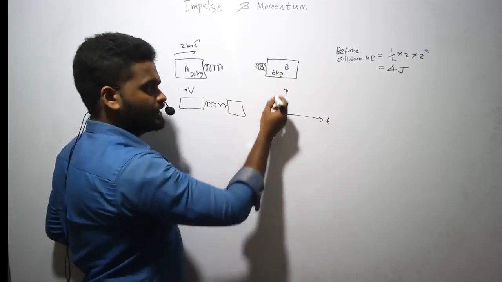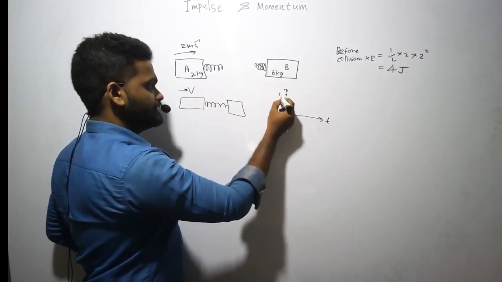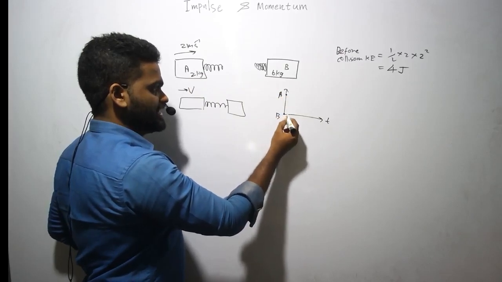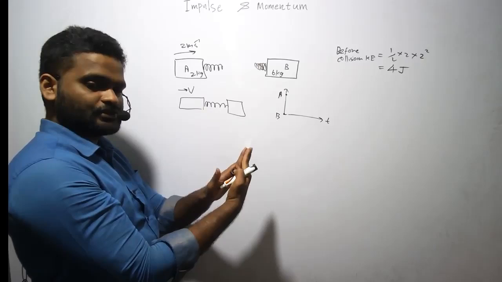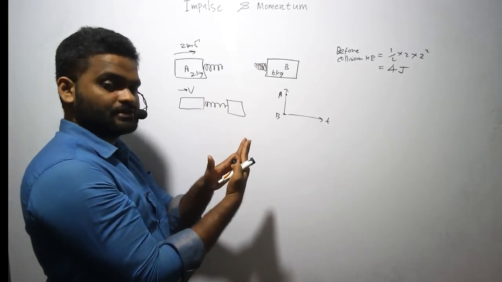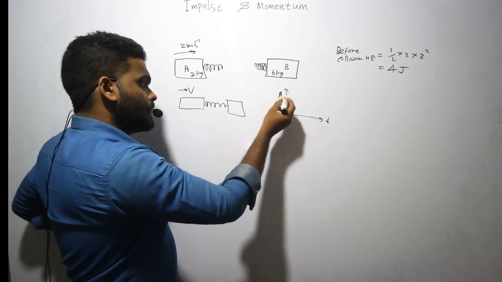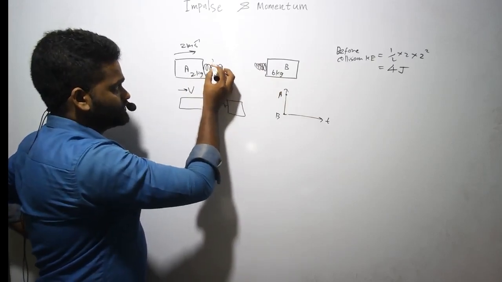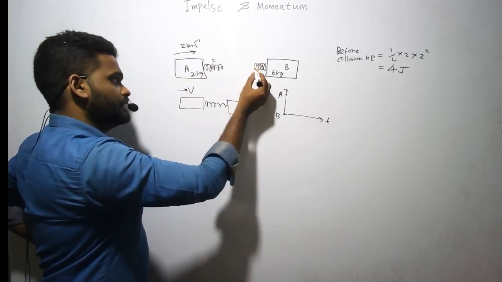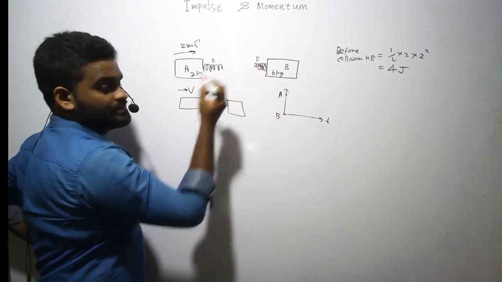With time, let's say initially B has 0 and A has 2 meters per second. And once they touch the springs, the speed of A decreases because after they touch, there's a force to this side on A, and on B, the force to the other side.